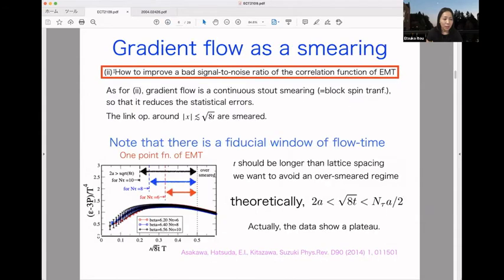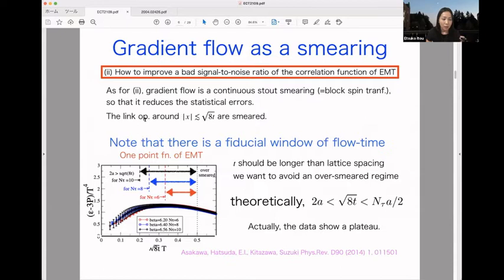And the second difficulty is improvement of the signal to noise ratio. As for this difficulty, again, the gradient flow method is very useful, because gradient flow is somehow a continuous stout smearing or continuous block spin transformation. So it reduces statistical fluctuation.